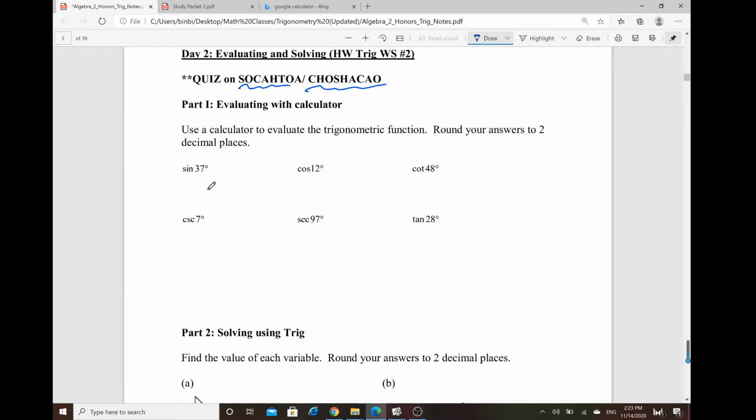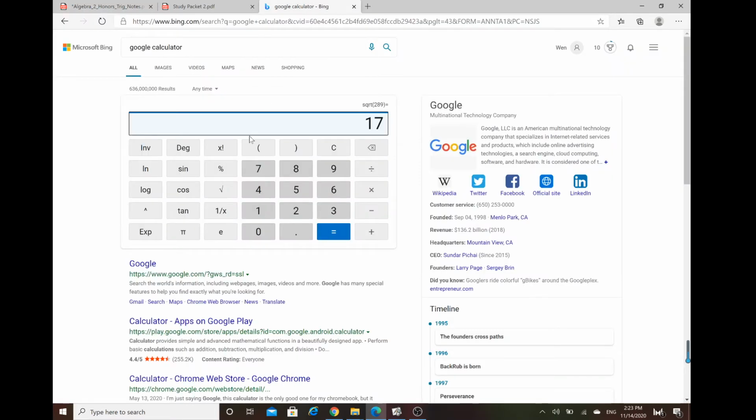Okay, so this one is use a calculator to evaluate the trigonometric functions. Round the solutions to two decimal places. So sine of 37. The way that you want to put it into the calculator will be sine of 37. Make sure that it's in degree, okay? If it's in radians, that's going to come up with something else.